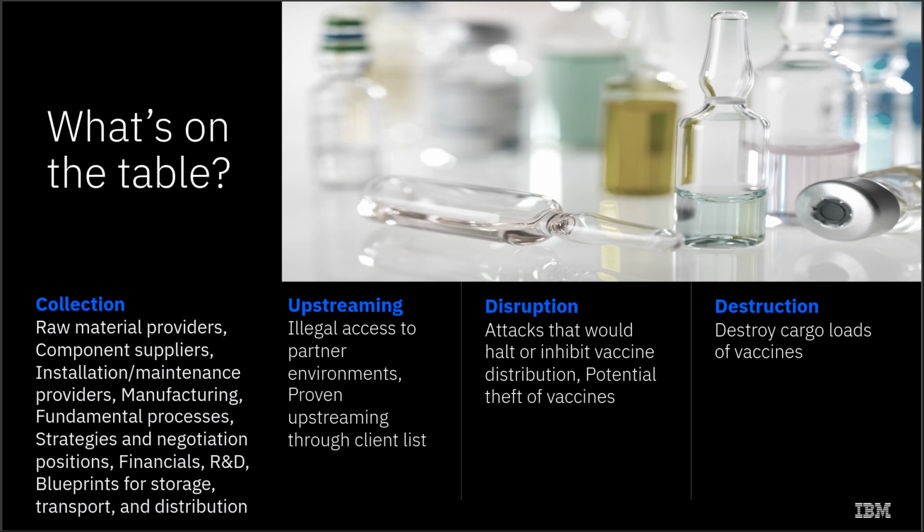And then from a disruption and destruction standpoint, the vaccines could be sold or distributed elsewhere, or it could cause distrust or chaos by deploying or halting the vaccine. And then of course, the extreme is destruction of the vaccines.